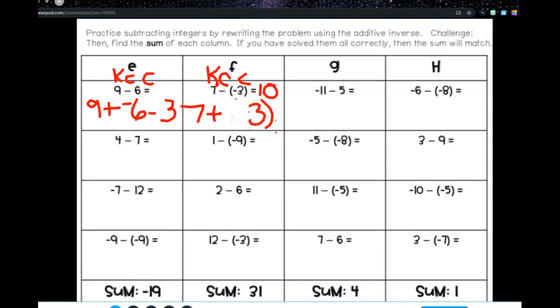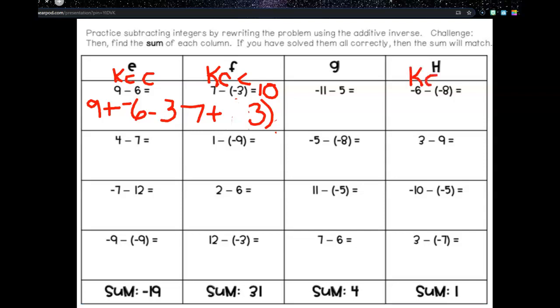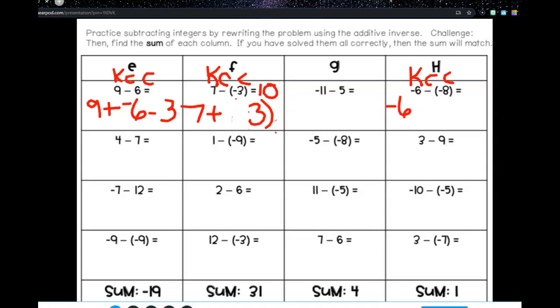Okay, -6 minus -8. We do KCC. So what do I have to keep? The -6. Yep, I'm going to keep my -6. What's the first thing I have to change? The subtraction to addition. Yep. And then the second thing, it's a -8. What does it have to change into? Positive 8.